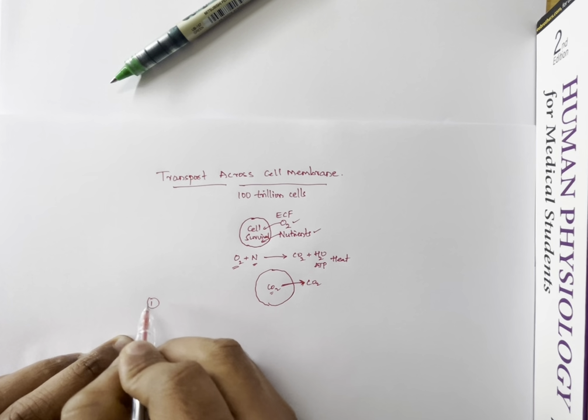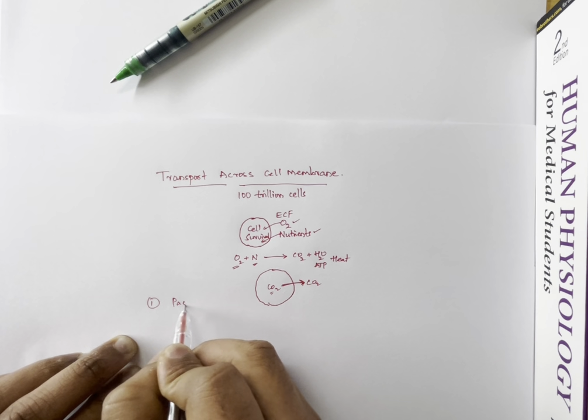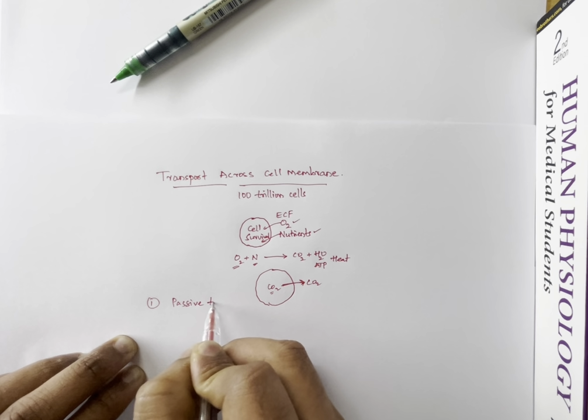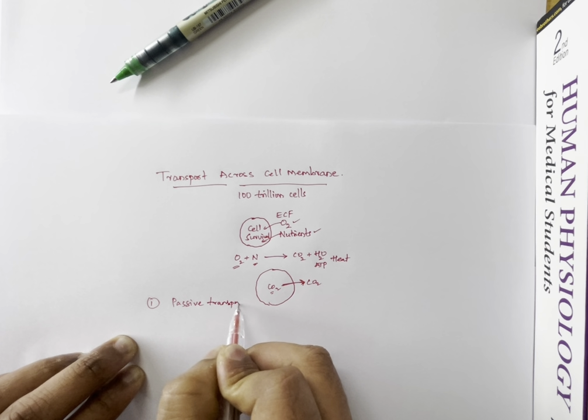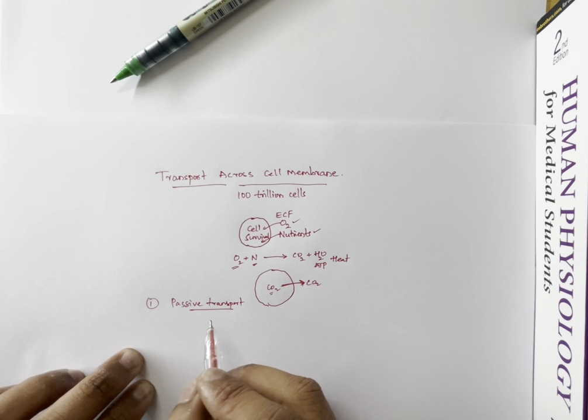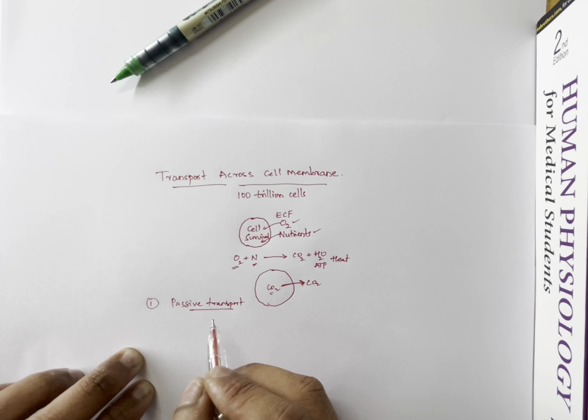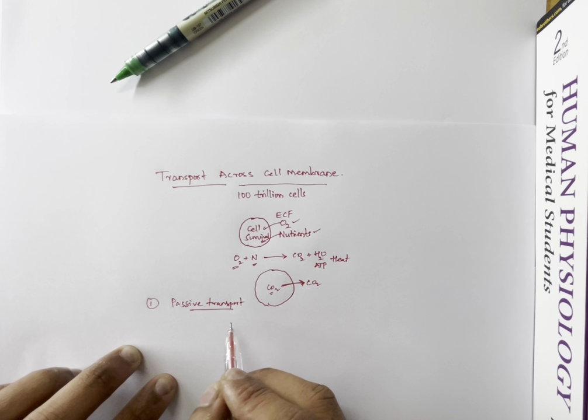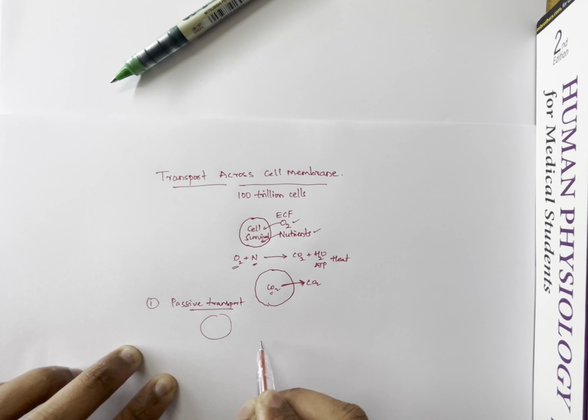So, the first mechanism is passive transport. In this passive transport, there is no ATP utilization. The substances are moving along the concentration gradient, from the region of higher concentration to the region of lower concentration, a downhill movement.